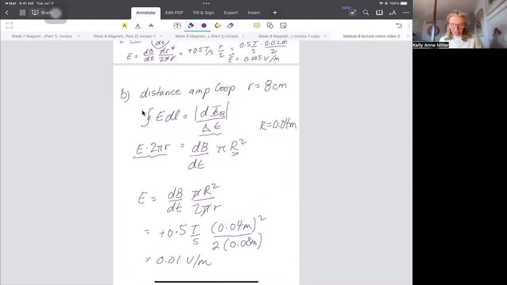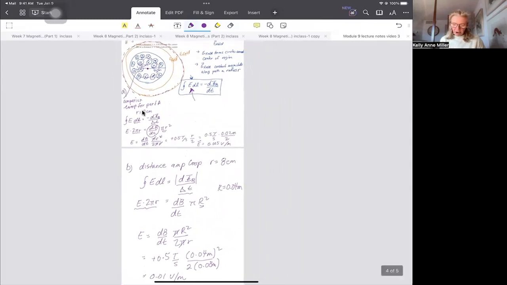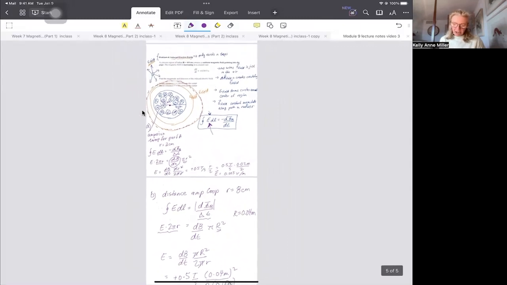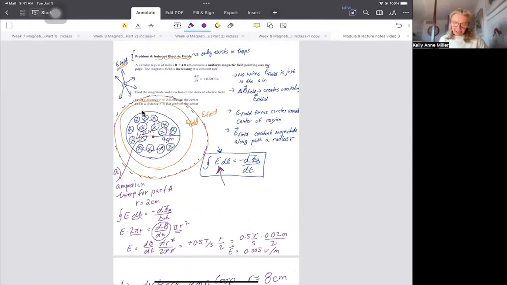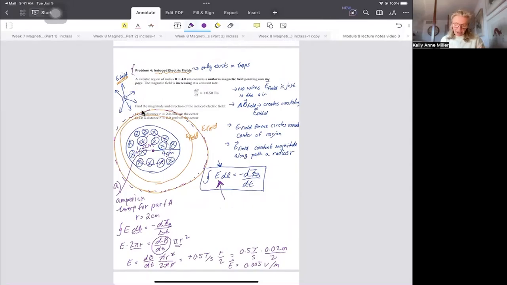Okay. So that's it for that problem. So just to recap, in part A, we were asked what the electric field was inside the magnetic field region. Okay, and so we drew our, for lack of a better word, Amperian loop inside that field. That was what this purple line was.